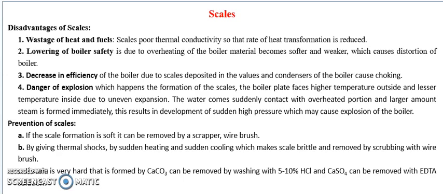If the scales are brittle, they are removed completely. Third, if the scale is very hard, that is formed by calcium carbonate, it can be removed by washing with hydrochloric acid, and the impurity of calcium sulfate can be removed by EDTA solution.